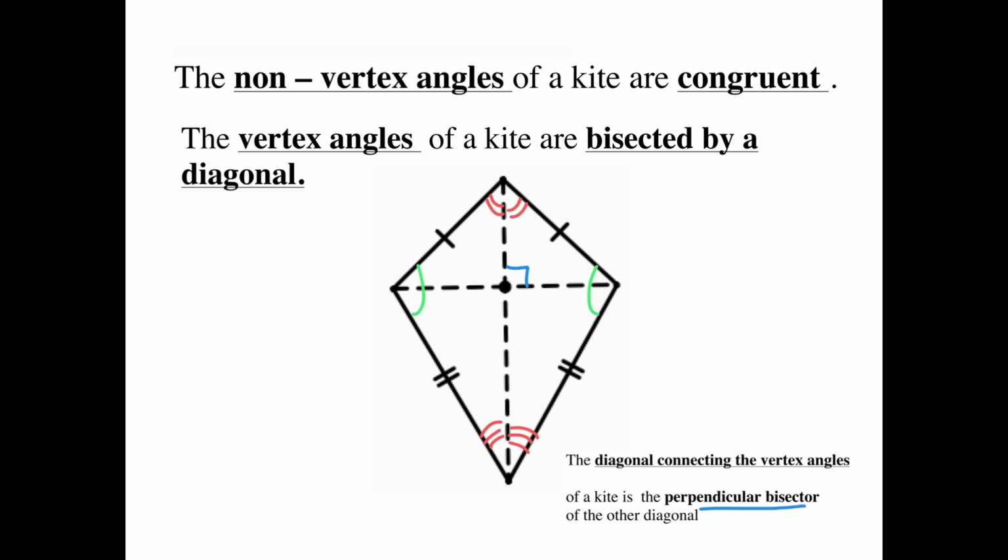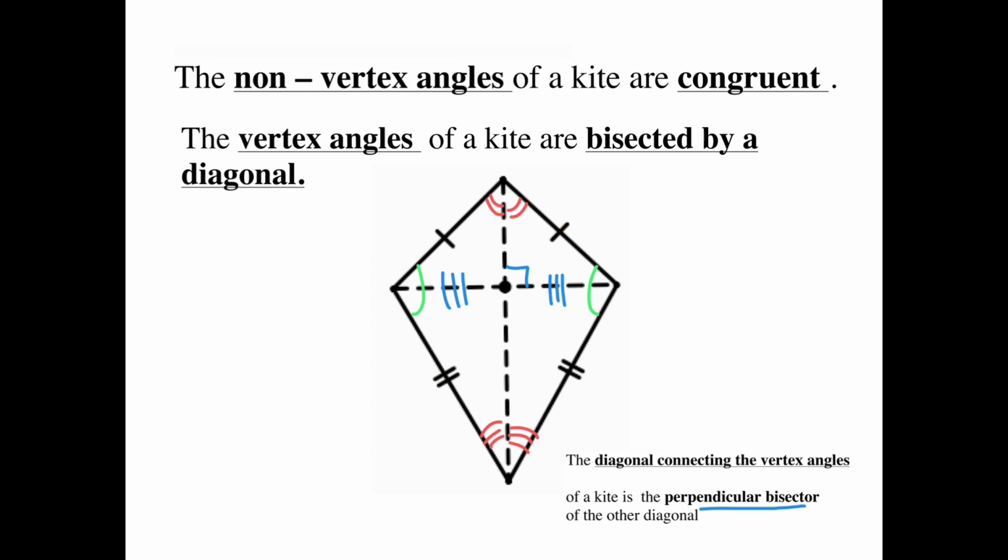And then even more specific than that, the diagonal connecting the vertex angles, so this longer diagonal, is a perpendicular bisector for the other one. So not only is it perpendicular, it's a bisector. So the short pieces are going to be congruent. Let me make 3 tick marks there, since the 1 and the 2 are already taken.